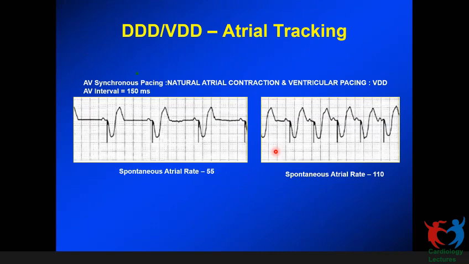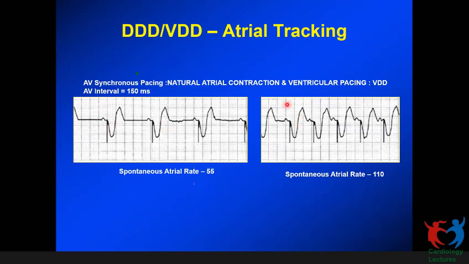And then when it comes to atrial tracking, as we said, you are tracking the atrium. So it's more like a functional VDD pacing, even though you may have a DDD pacemaker. When the patient is at rest, when the sinus rate is low, it's A sense, V pace at a fairly low rate.